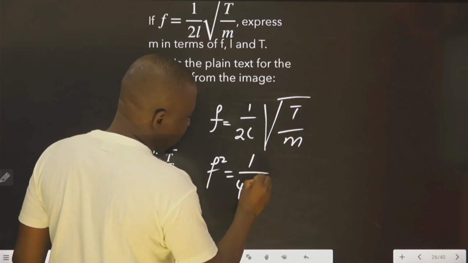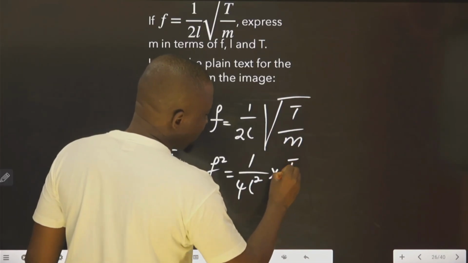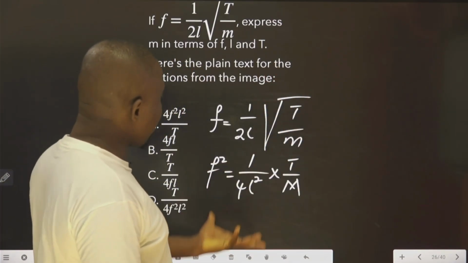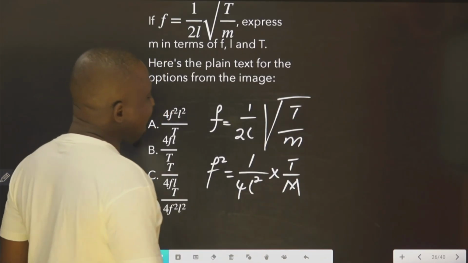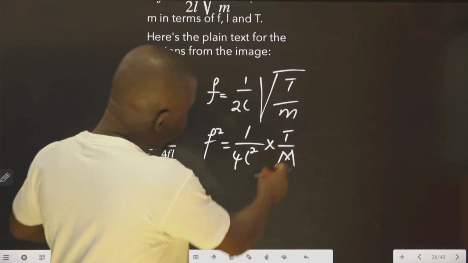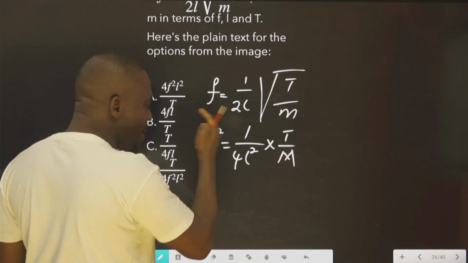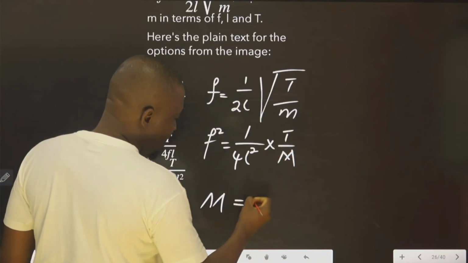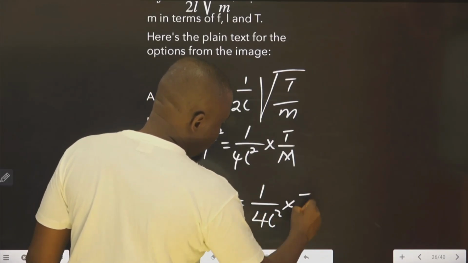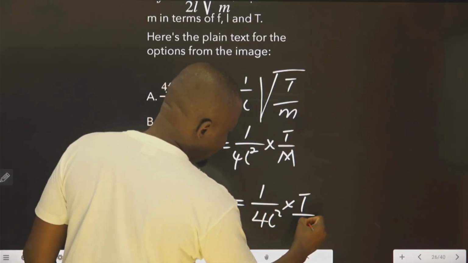If you square this, it is 1 over 4l squared. Multiply by t over m. That removes this square root. We are looking for m, right? What I can simply do here without wasting my time is to move m to this side straight. Move m here. I retain everything that was here before. Then I move this down straight.